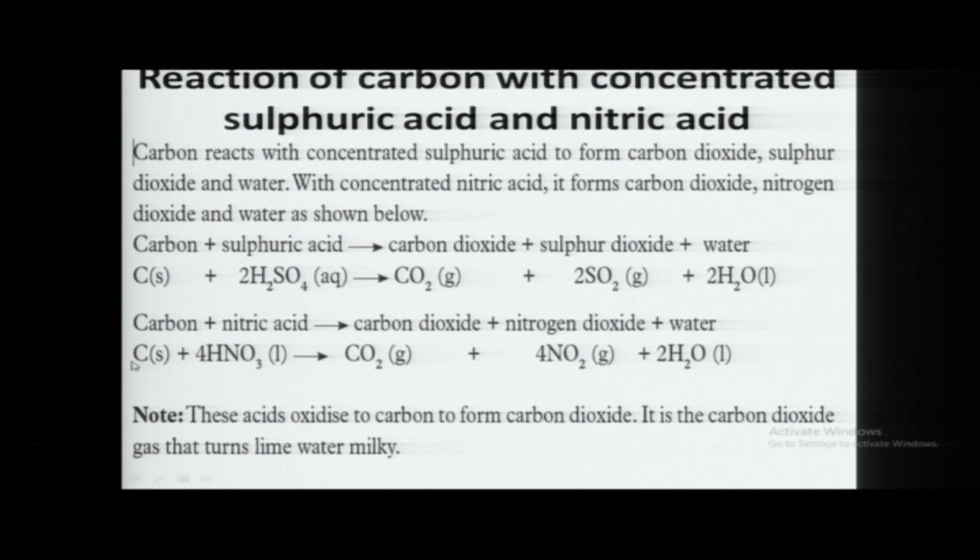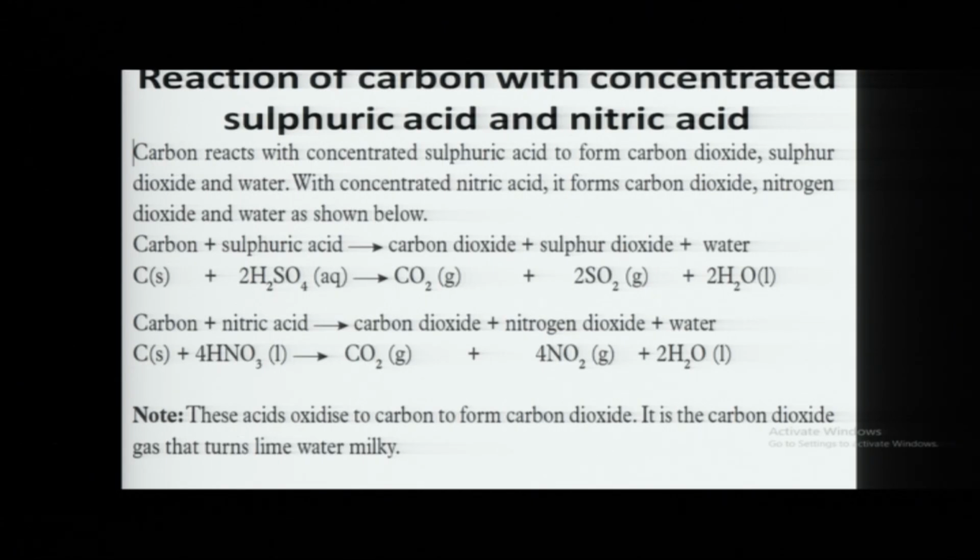Whenever carbon reacts with nitric acid, we form carbon dioxide, nitrogen dioxide, plus water. So these acids oxidize carbon to form carbon dioxide.